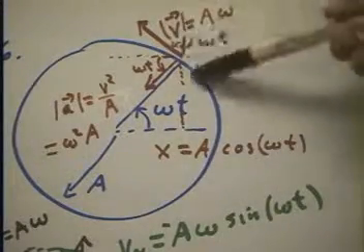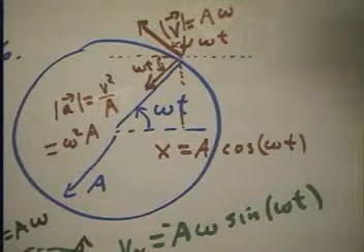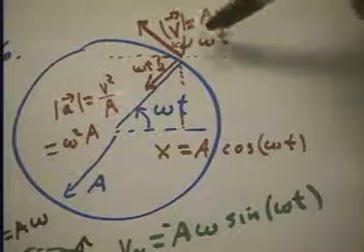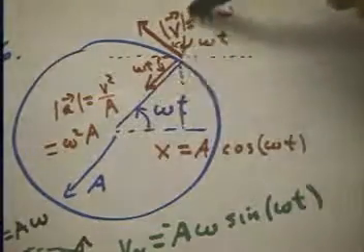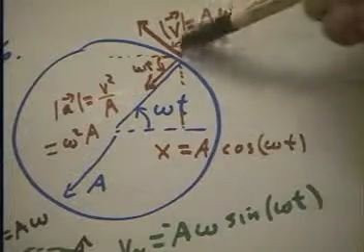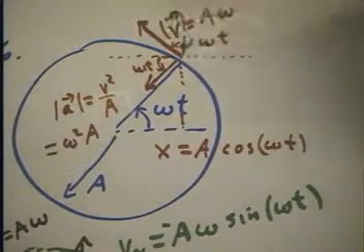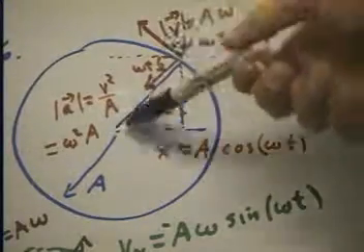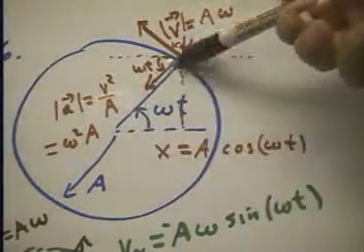That speed, of course, is one part of the velocity, velocity being a vector quantity, so the magnitude of the velocity here is the radius, which is a, times omega. The angle made by this velocity vector is perpendicular to the radial line. This is a right angle here.